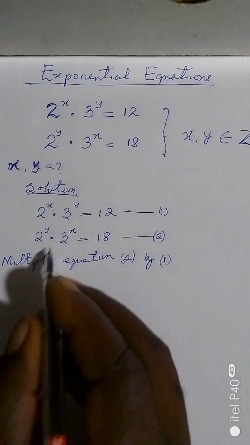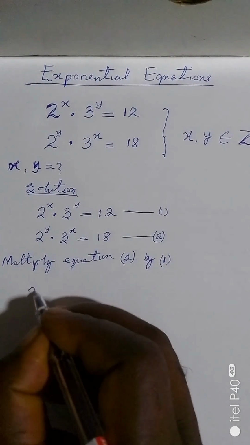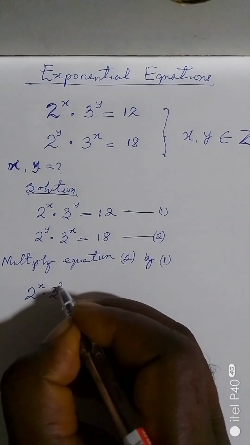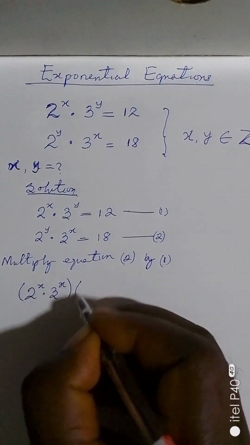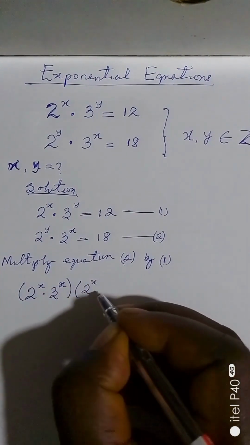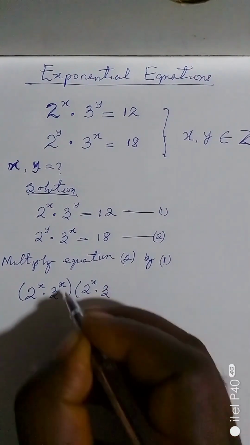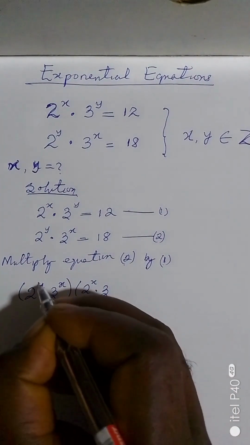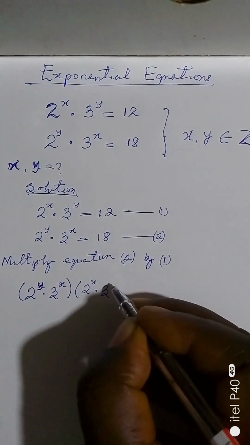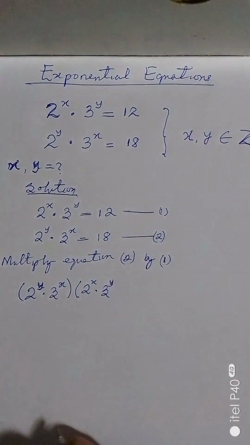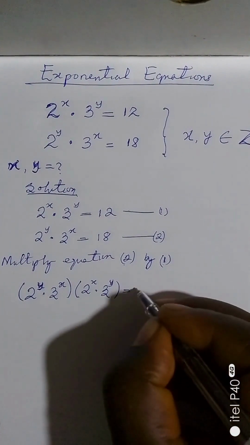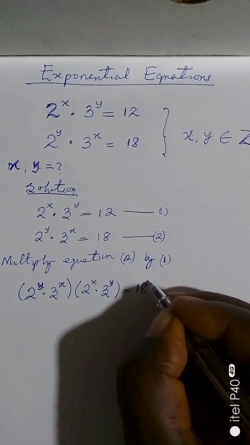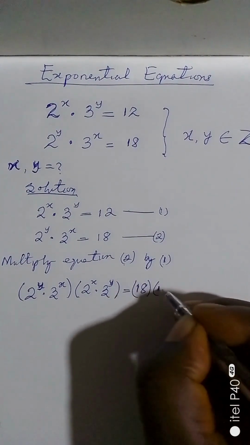So I start with equation 2. So I have 2 to the power of y dot 3 to the power of x multiplied by 2 to the power of x dot 3 to the power of y, equal to 18 multiplied by 12.